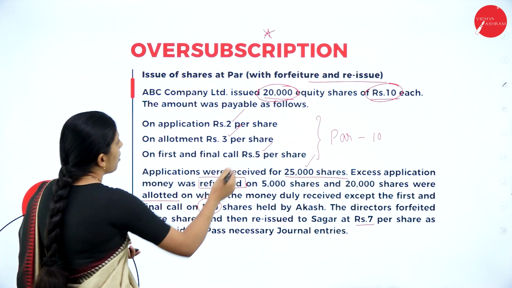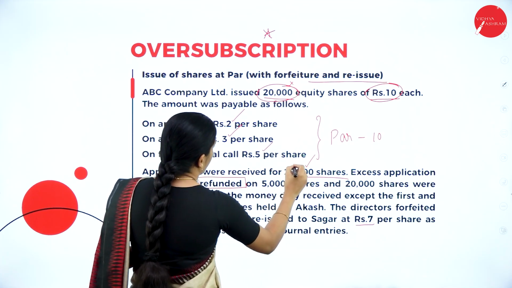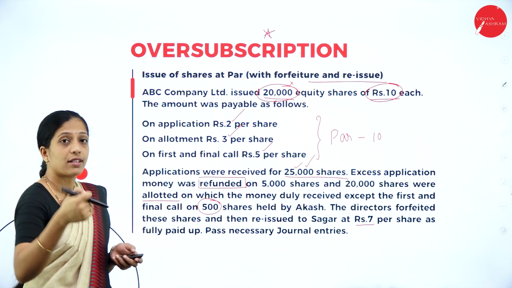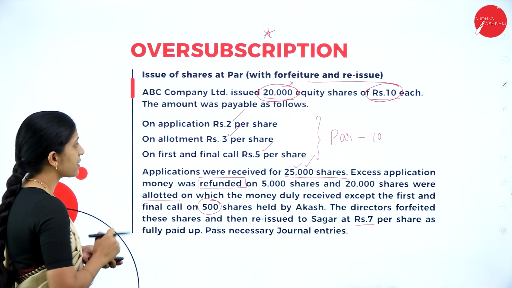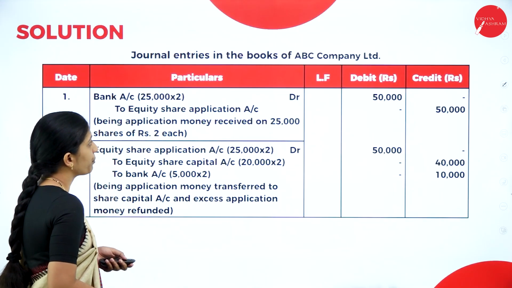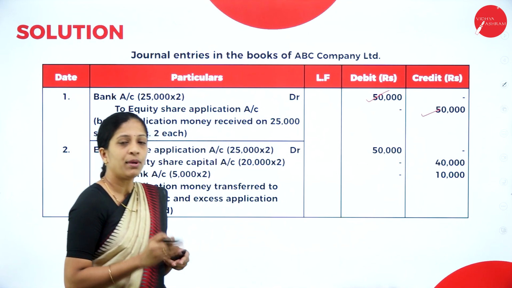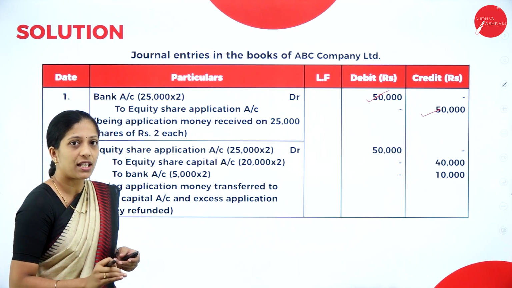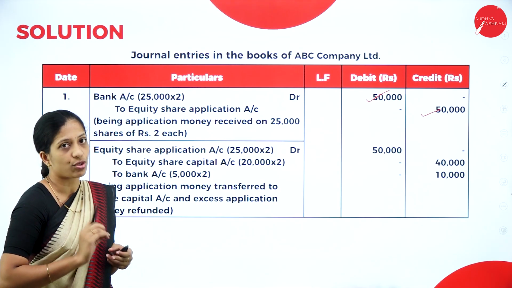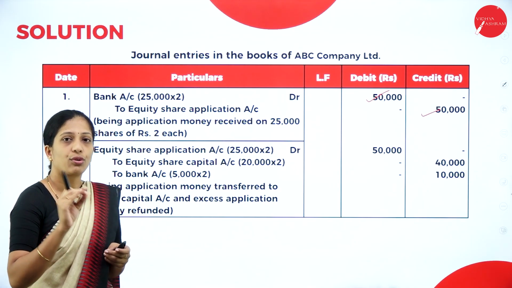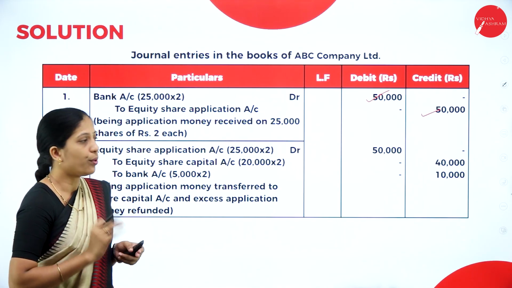Here you are not going to take 20,000, you have to take 25,000 because we have received on 25,000 shares. So 25,000 into 2 rupees, this will be 50,000. Your narration remains the same: being equity share application money received on 25,000 shares of rupees 2 each.